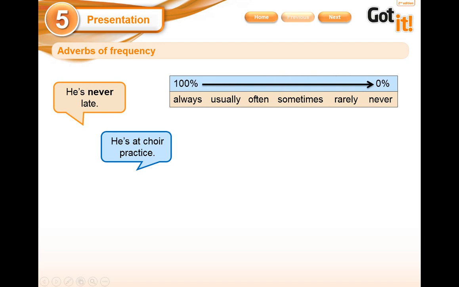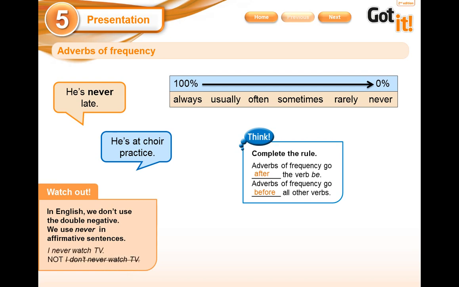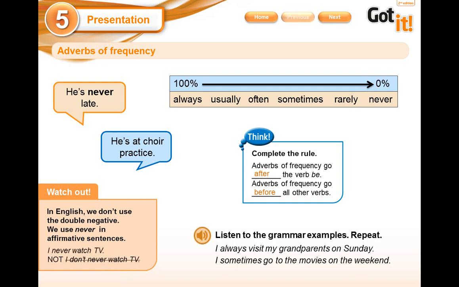He's never late, or he is never late. Tenemos from 100 to 0. Always, usually, often, sometimes, rarely, and never. Ese rarely también es conocido como hardly ever. Okay.